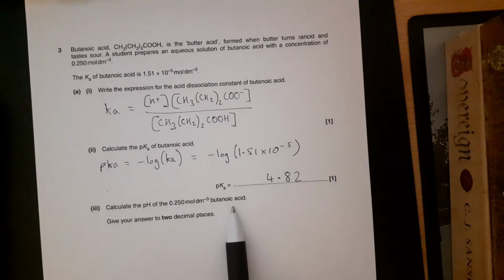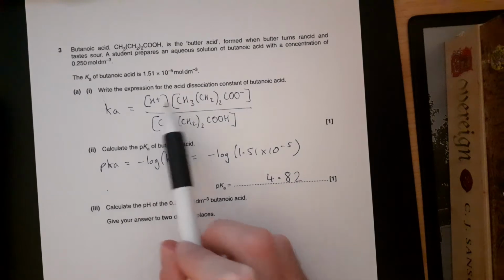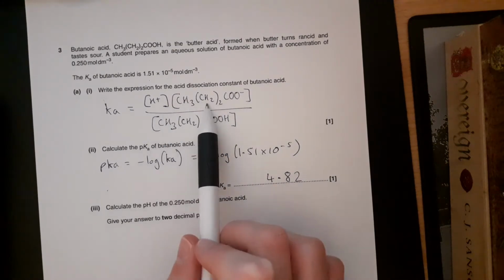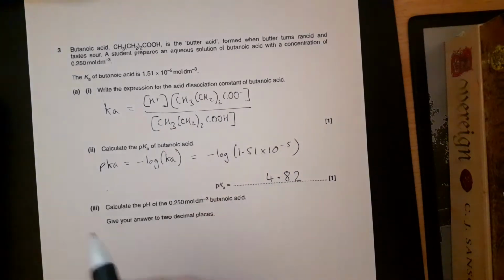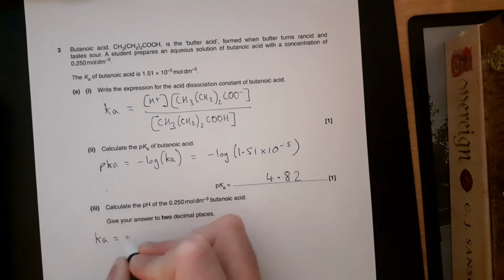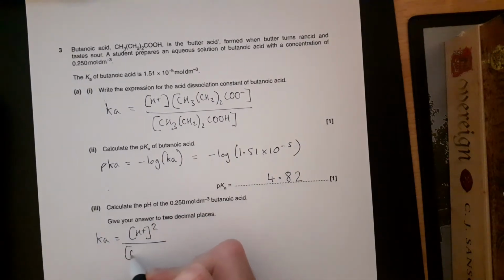Butanoic acid is a weak acid, and the trick that we can use whenever we get weak acids is that when they dissociate, it produces one of each of these ions. So the concentrations of these two ions will be the same. So we can turn this into H plus squared. So Ka is going to be H plus squared divided by the concentration of butanoic acid.